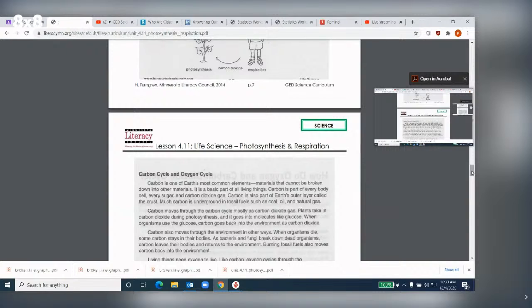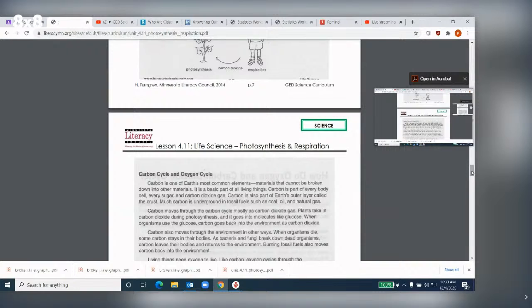Much carbon is underground in fossil fuels such as coal, oil, and natural gas. Carbon moves through the carbon cycle mostly as carbon dioxide gas. Plants take in carbon dioxide during photosynthesis, and it goes into molecules like glucose. When organisms use glucose, carbon goes back into the environment as carbon dioxide.